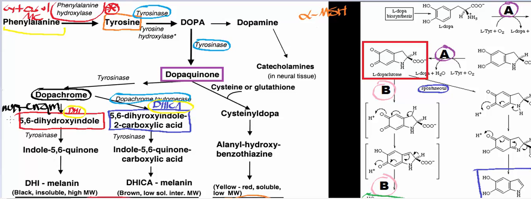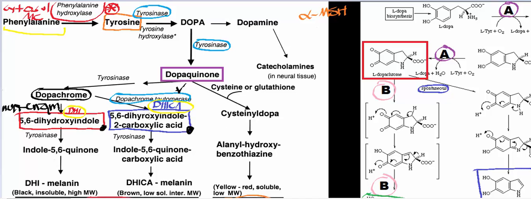I also want you to know that in a reaction catalyzed by dopachrome tautomerase, dopachrome can be converted to dihydroxyindole carboxylic acid, which you may abbreviate as DHICA. Those two molecules, this one and this one, are the pre-monomers that I mentioned.